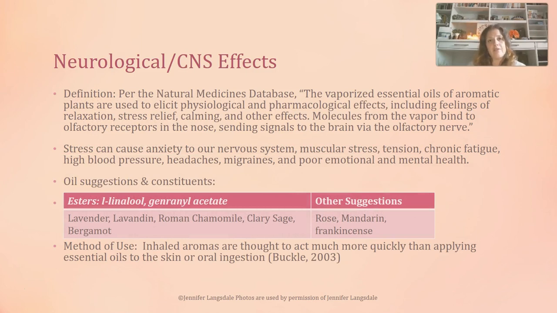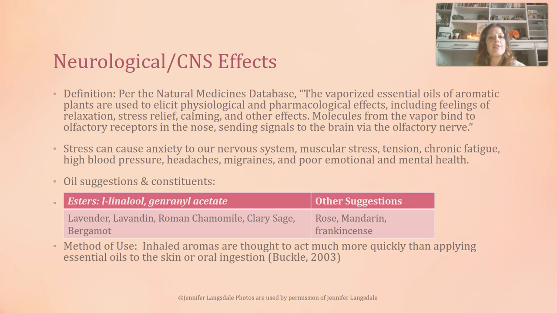Again, as a yoga teacher, we're using a lot of oils to help uplift the spirits or calm the mind. So the many therapeutic benefits of aromatherapy in general usually consist of some form of stress relief. So these are going to be your neurological oils or your central nervous system relaxers.